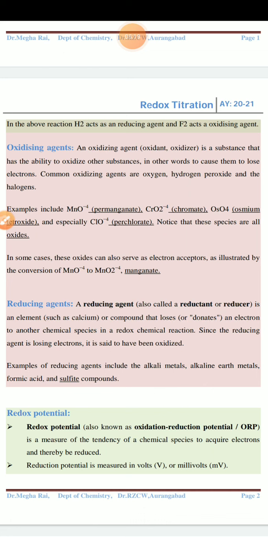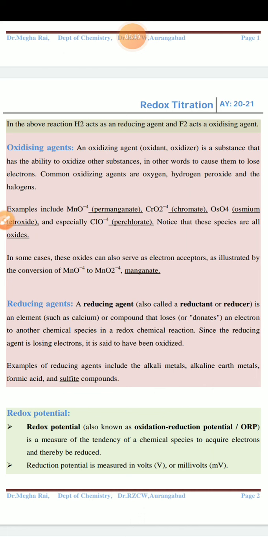A reducing agent is an element or a compound that loses an electron to another chemical species in a redox chemical reaction. Since the reducing agent loses electrons, it is said to have been oxidized. For example, alkali metals and alkaline earth metals.